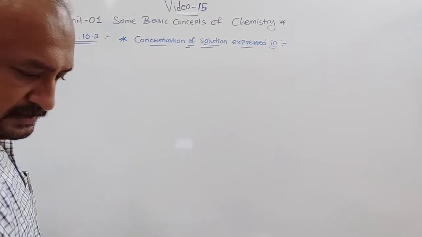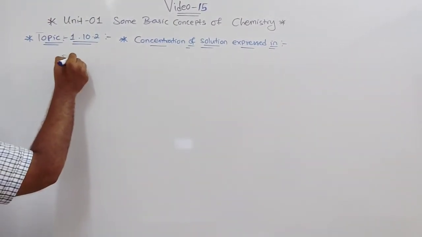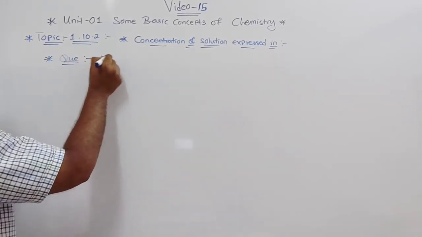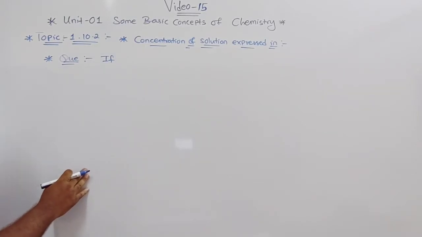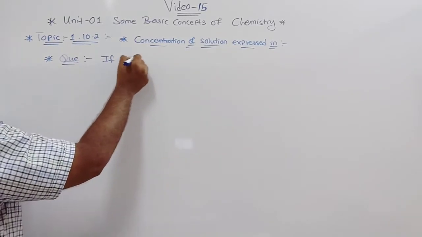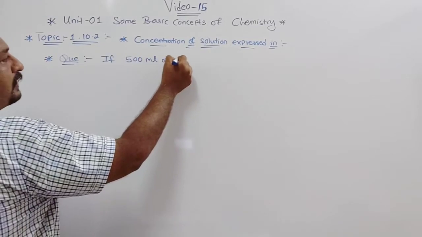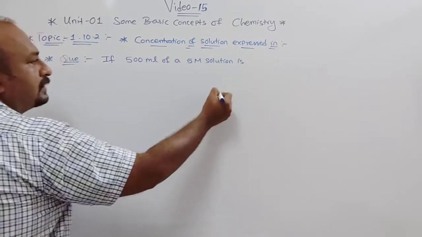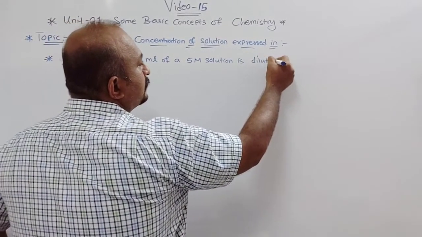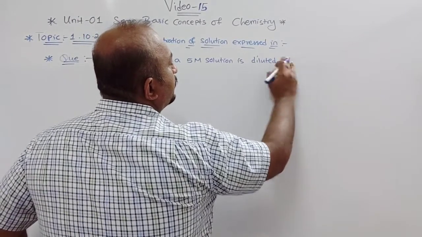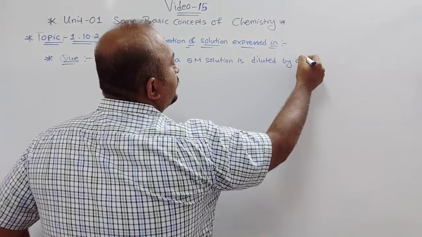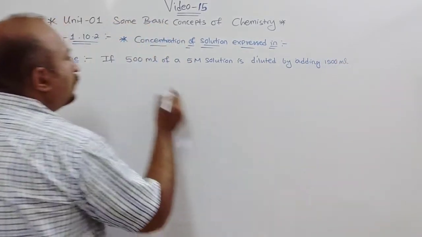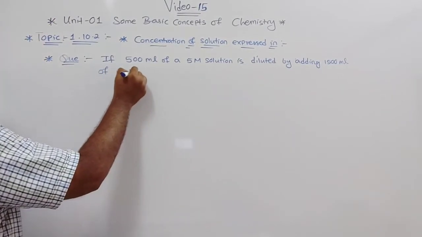Now one extra example is there, not in your book. Practice: 500 ml of a 5 molar solution is diluted by adding 1500 ml of water.